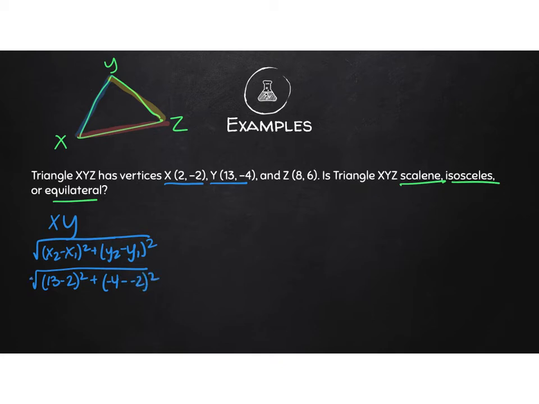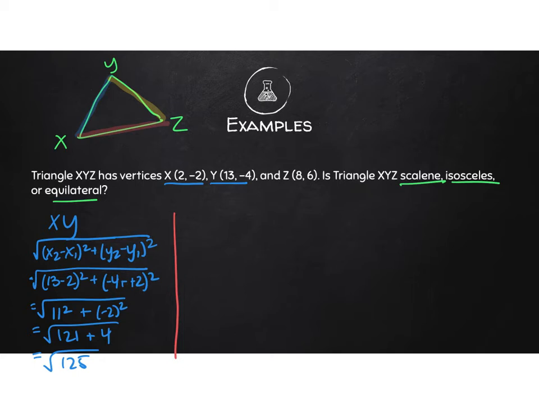Now we need to simplify. So we have 11 squared plus negative 4 minus negative 2. Subtracting is like adding the opposite. So we have negative 2 squared. 11 squared is 121 plus negative 2 squared is 4. Gives us a square root of 125. 125 is not a perfect square, so we can leave it with that radical.